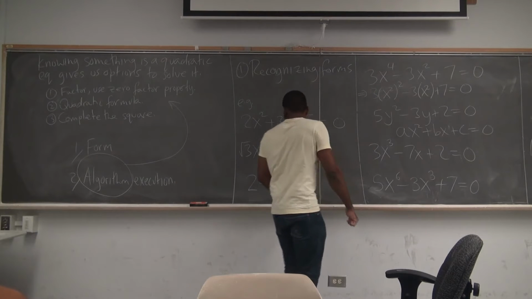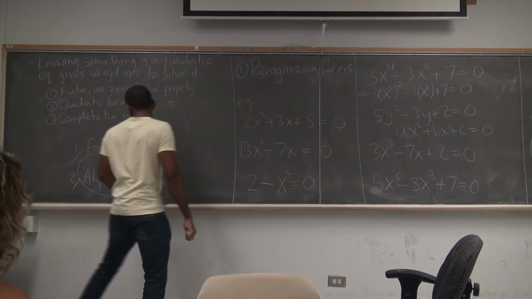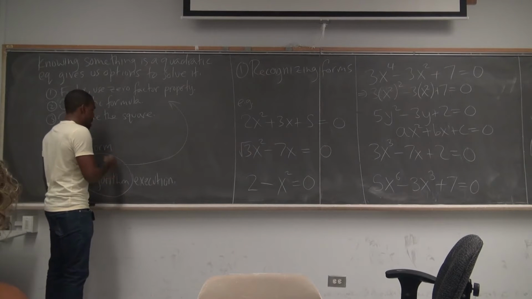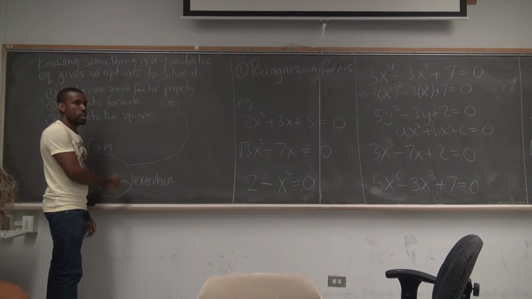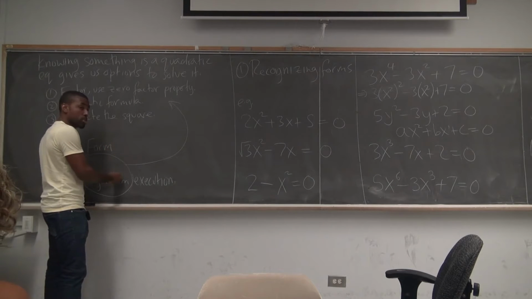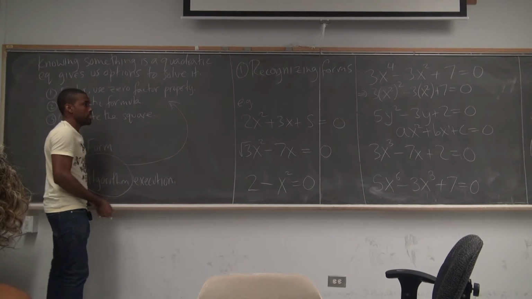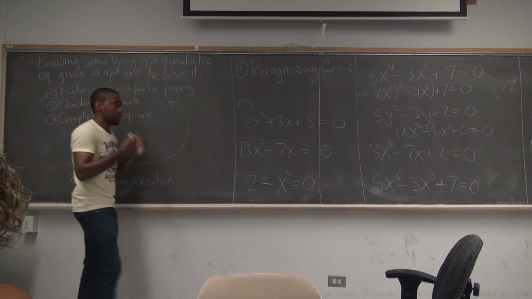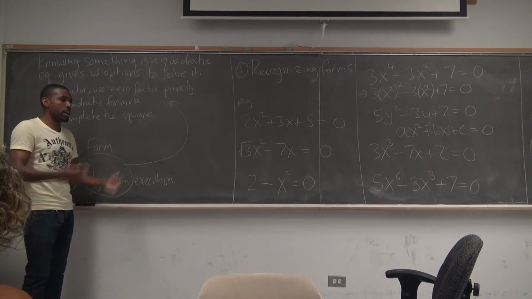So your goal when you're doing your homework and you're practicing math and you're studying, you're really after two things. How many problems should you practice? Enough problems so that you recognize the form that you're working with and what algorithms go with those forms. And as long as you can see that, no matter how something looks on the surface, once you get to that point, you've practiced enough problems.